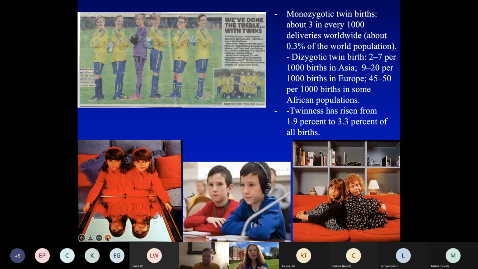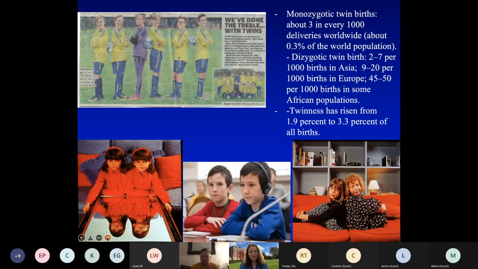So dizygotic twinness differs from place to place, and that is because we think there is some kind of genetic component to it. It runs in families. If there are twins in a family, it is likely that other family members may also have dizygotic twins. Whereas with monozygotic twins, we don't really know why it occurs. Perhaps it's some kind of random event.